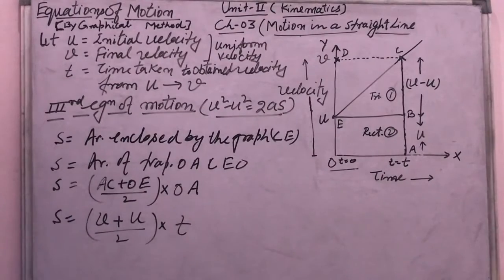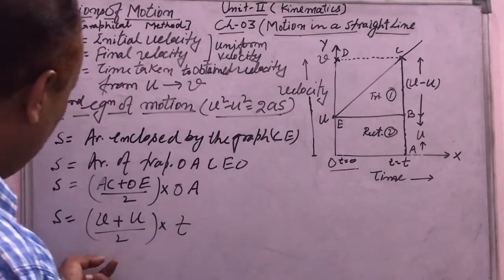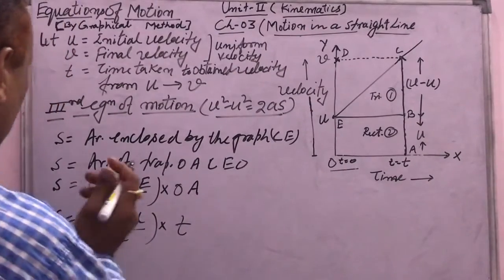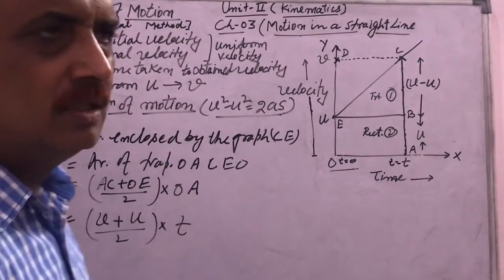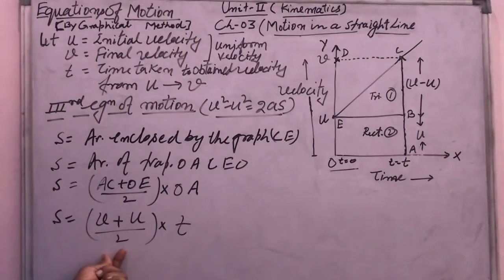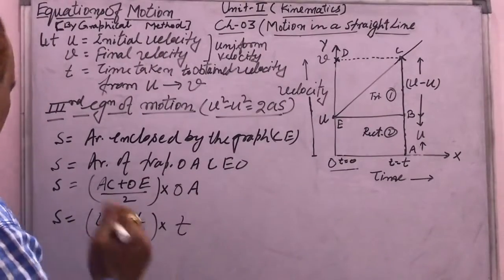Now to solve the next part of this equation, we have to multiply by the opposite component of v plus u, that is v minus u, in the numerator and denominator.